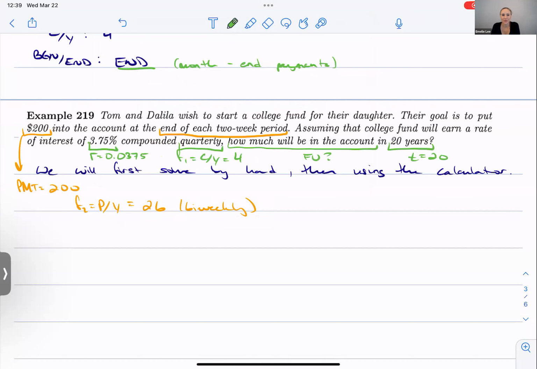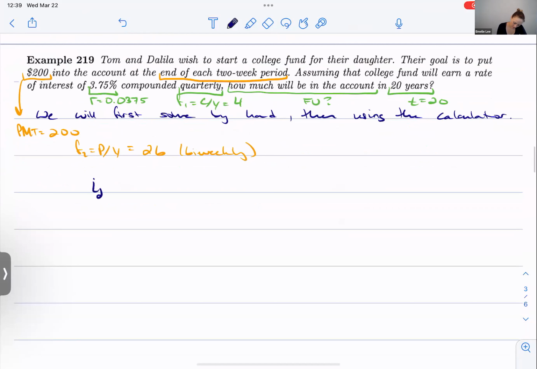Okay, what did we say the first thing was? I need to find I2, right? And so I2 from the formula sheet is 1 plus I1 to the power of F1 over F2, then minus 1. That's the first thing that we have to solve for.